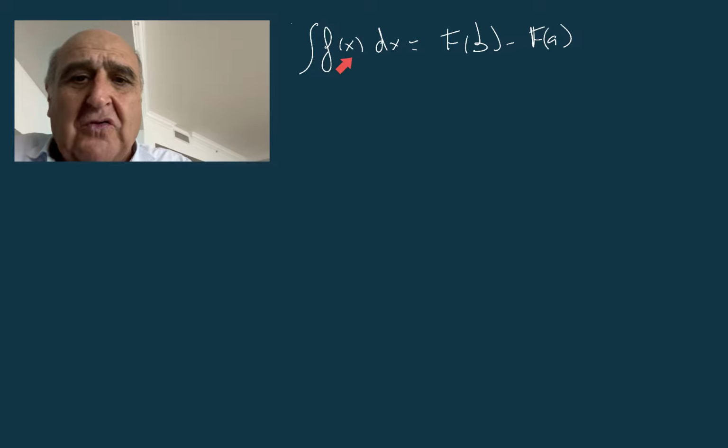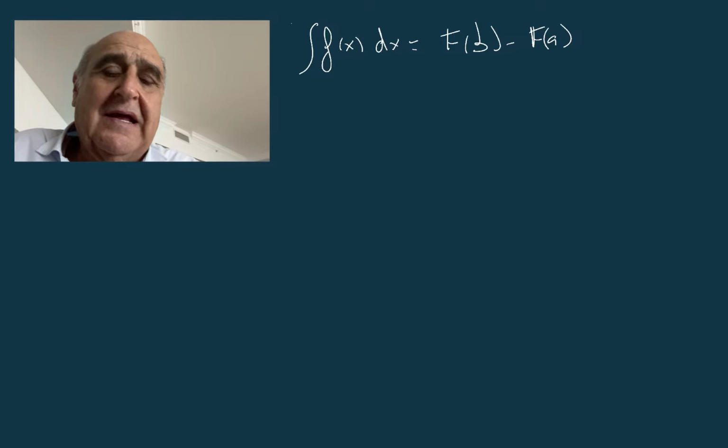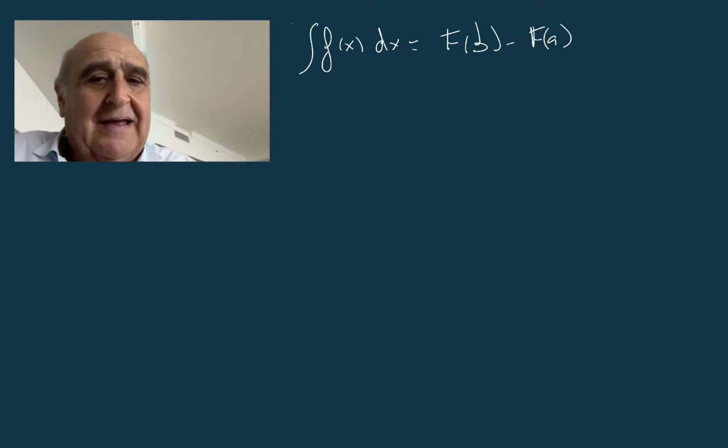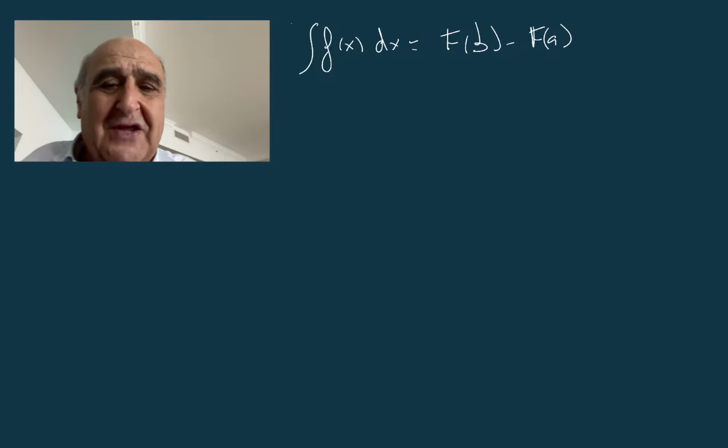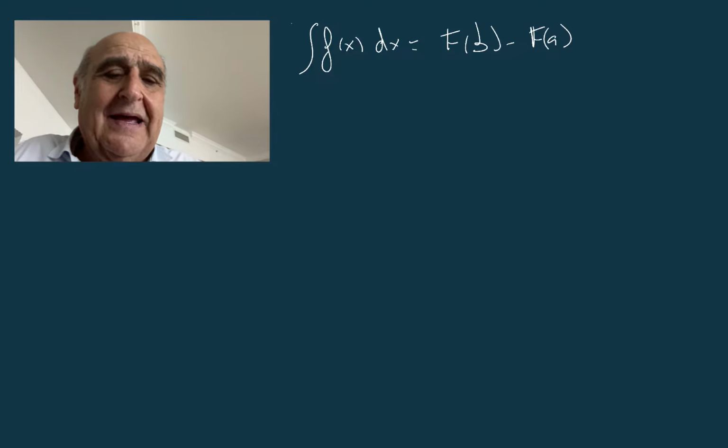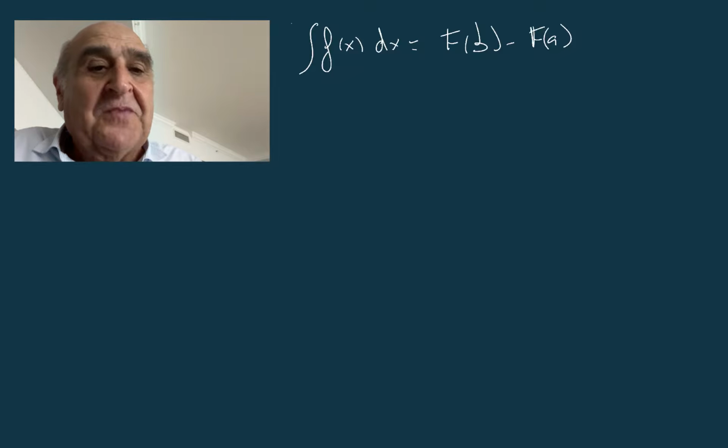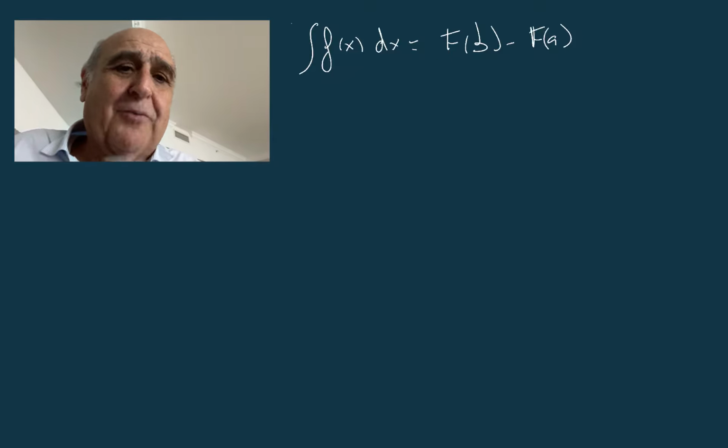And this is not the only case where the information of a big region is codified as the difference of the corresponding function evaluated at the endpoints.